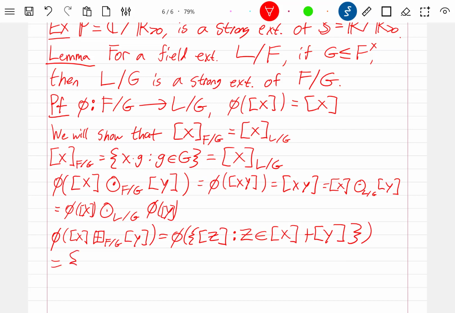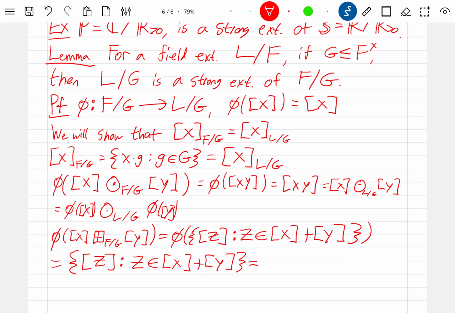So this is, as a set, the set of equivalence classes of z such that z is in x plus y.